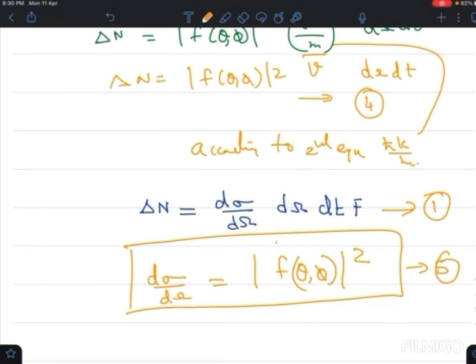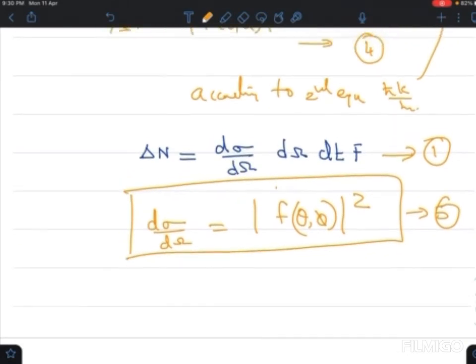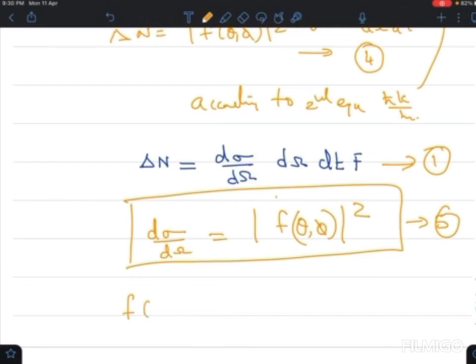So f theta phi is called the scattering amplitude. Always you will be asked the question, what is called the scattering amplitude? You can represent this in terms of your scattering cross section.